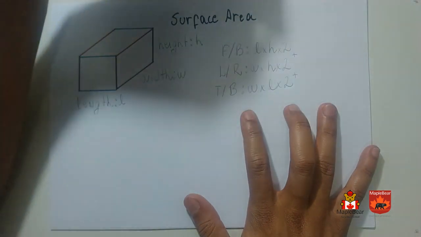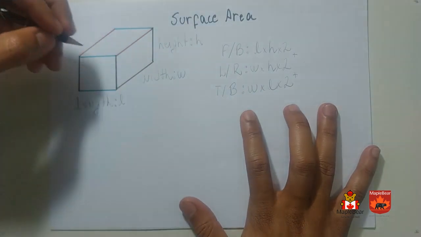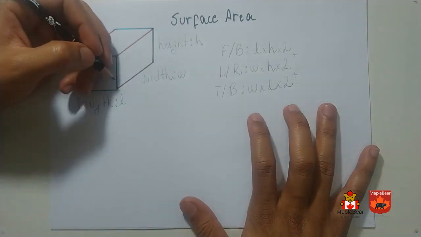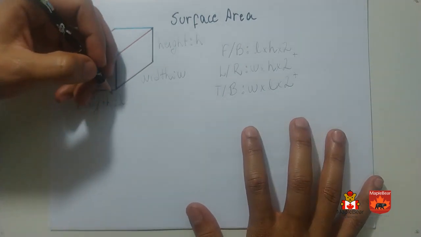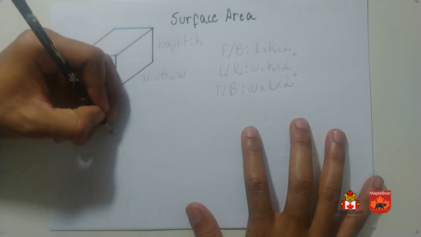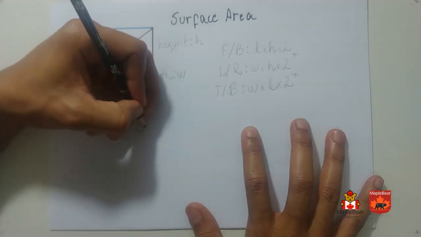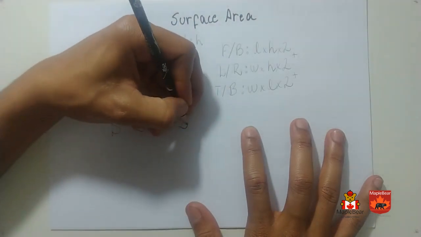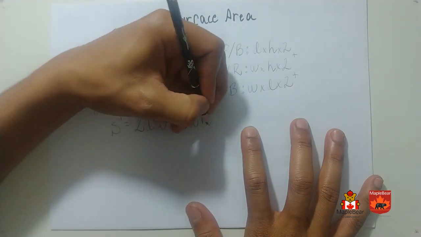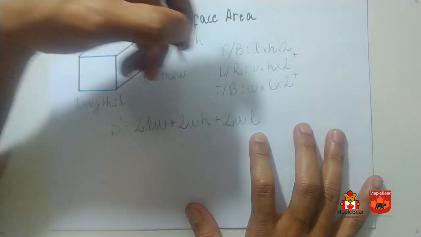And with the result of my addition, I can write a formula. Now I have a formula to calculate the surface area of my rectangular prism. Okay? So surface area will be equal to 2 times length times width, plus 2 times width times height, plus 2 times width times length.